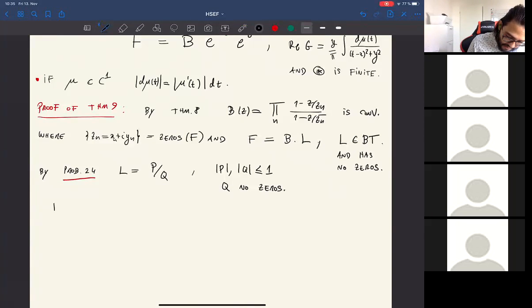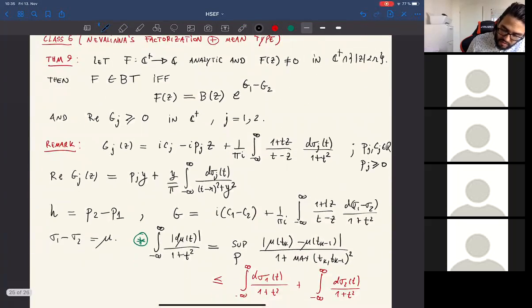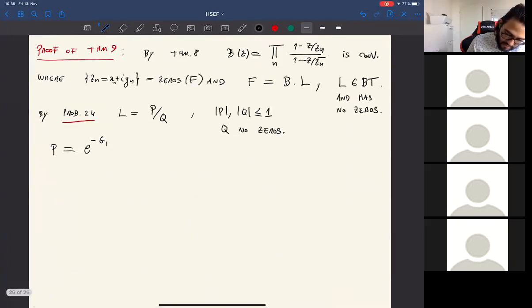So therefore, I can definitely write P as e to the minus G2, and let's say Q equals e to the minus G1, to keep the notation. So P over Q would be e to the G1 minus G2.